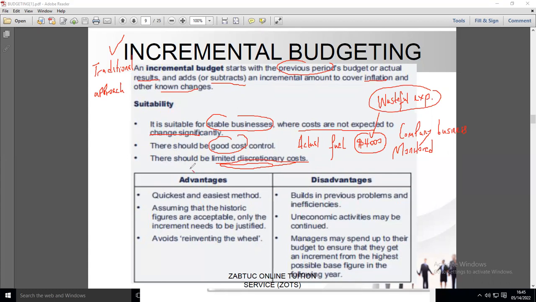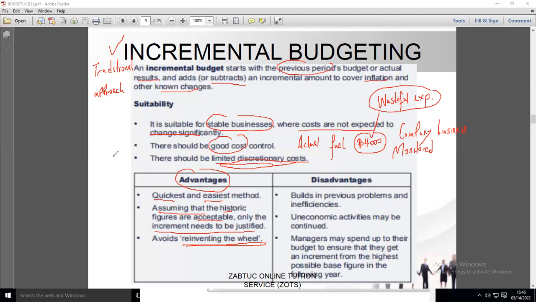What are the advantages? It's the quickest and easiest method. If we make an assumption that the historic figures are acceptable, everybody says okay, only the increment needs to be justified. Avoid reinventing the wheel. I mean, we've been running the business for some years.